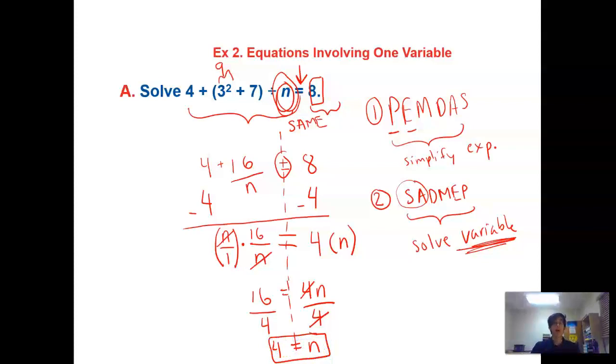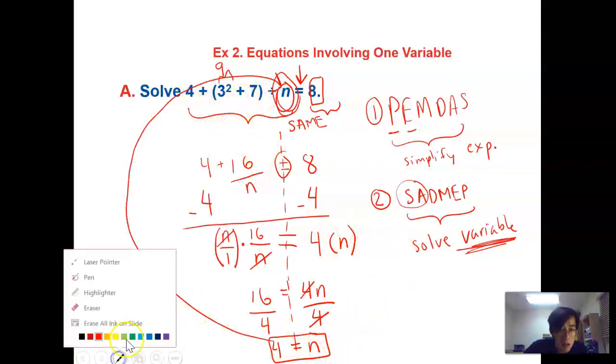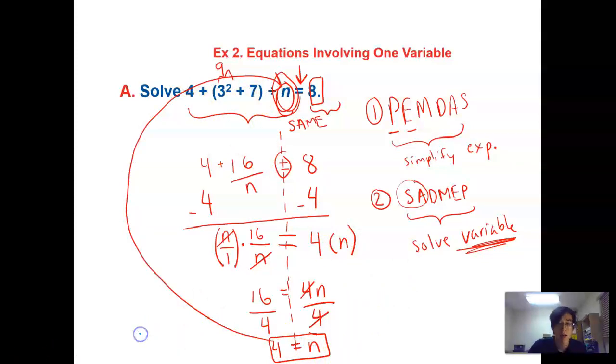If I want to figure out whether this works, I can plug this number back in to see whether it makes the equation true. So let's do that real quick. Let me use a different color to show you that. If I want to check my work, I can just plug it back in.